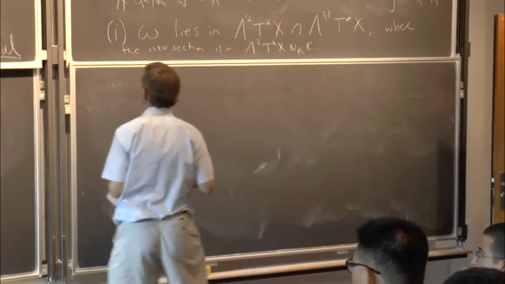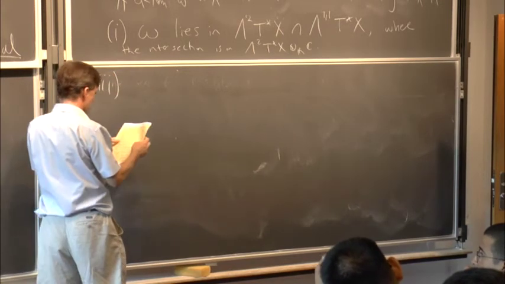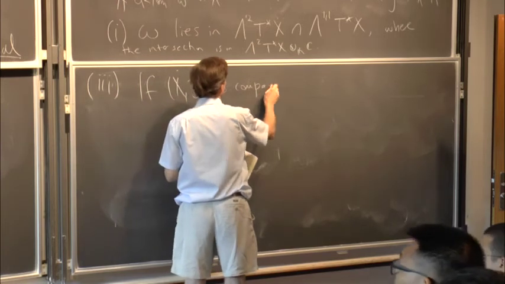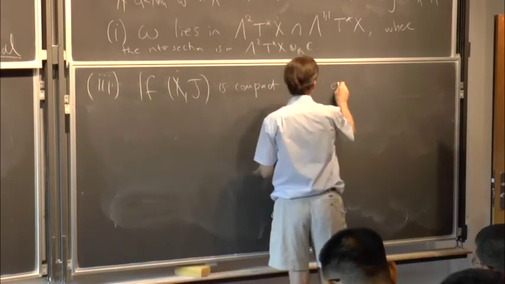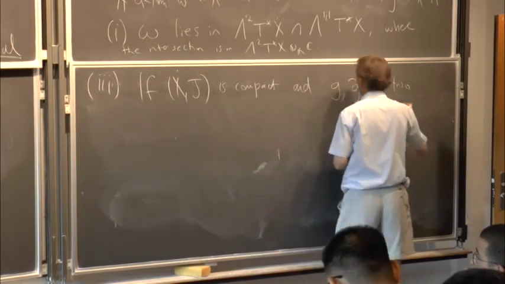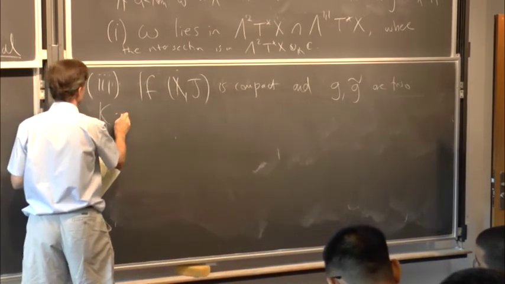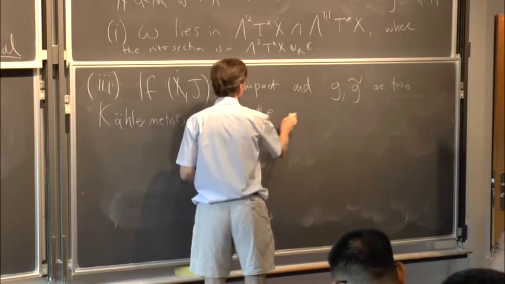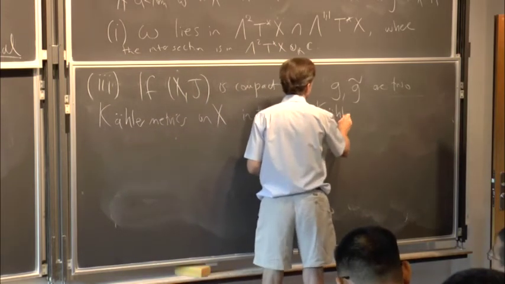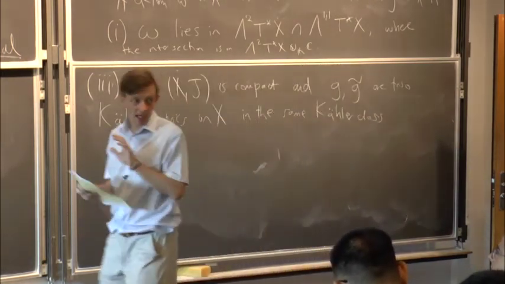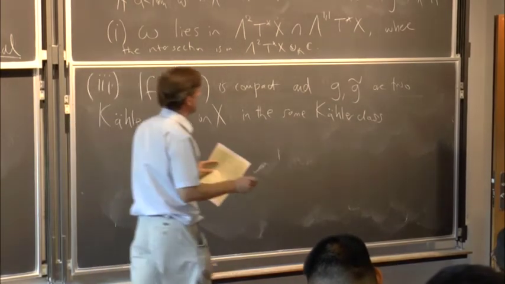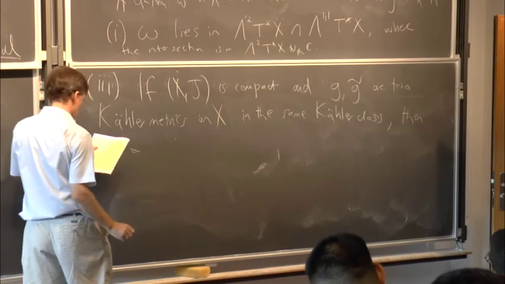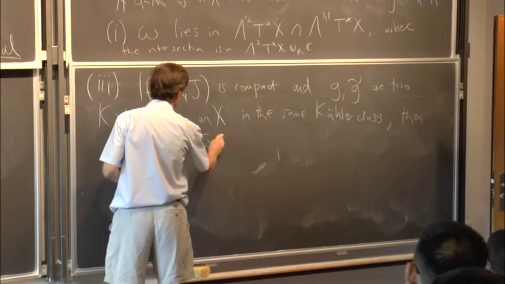Okay, so thirdly, if X, J is compact and g and g-tilde are two Kähler metrics on X in the same Kähler class, that is, their Kähler forms have the same cohomology classes in de Rham cohomology, then omega-tilde is equal to omega plus i∂∂-bar of f.